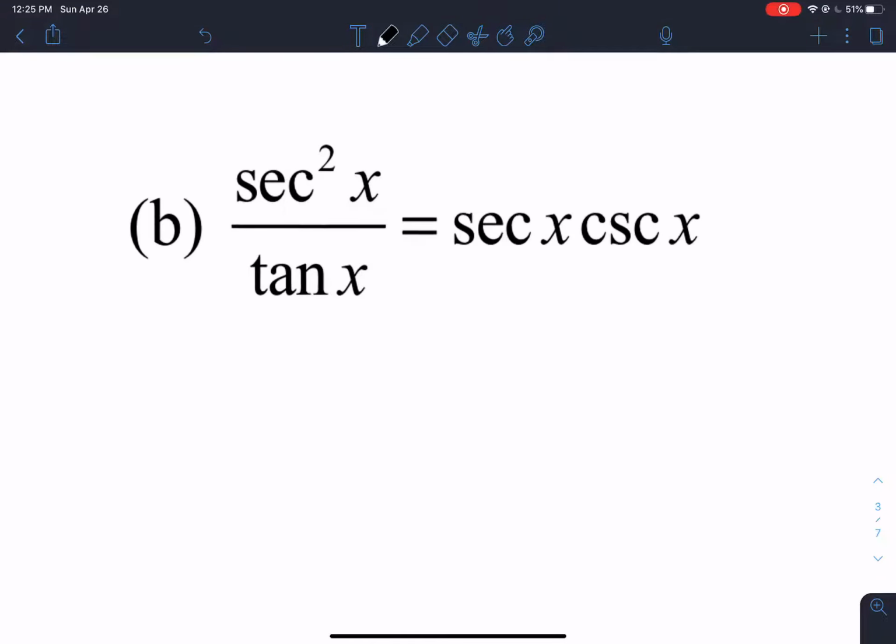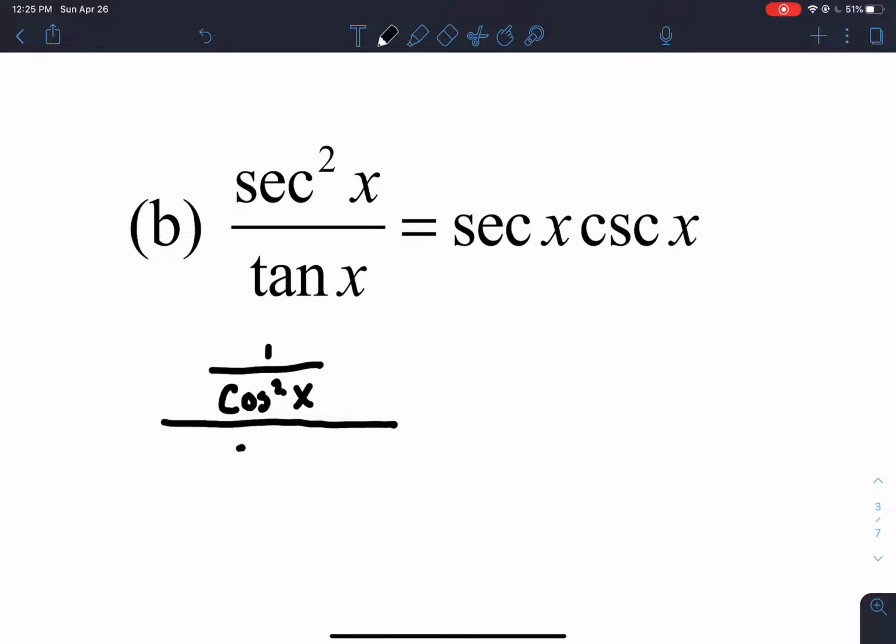Now this next one, I'm probably going to go with the left side just because of the fraction part. Secant squared. It might be helpful to put everything in sine and cosine. So secant squared would be 1 over cosine squared, and tangent is going to be sine over cosine.